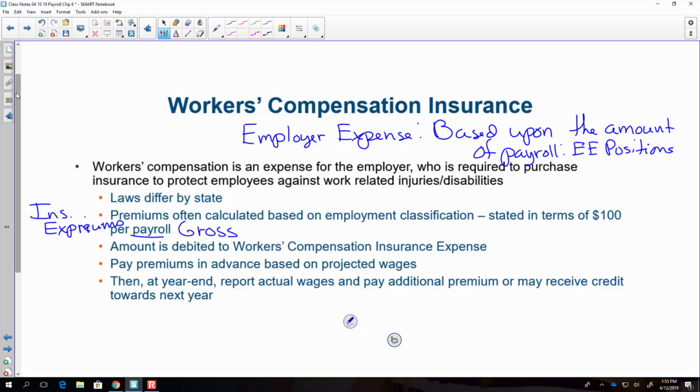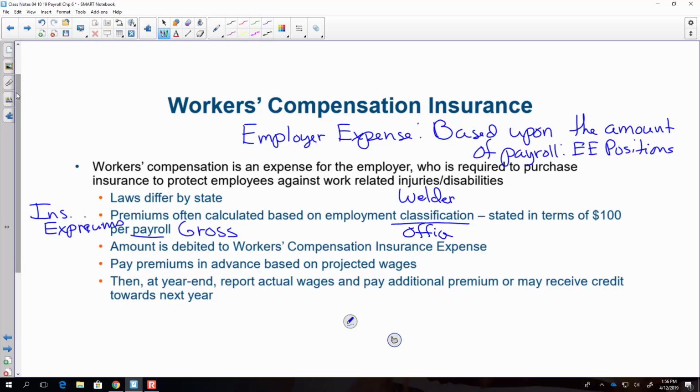So every year, once a year, you'll have the insurance company come in, audit your payroll books, determine how much payroll was for each classification, welders, office, and then from that they'll generate a report to determine what your insurance expense will be for that year. It's done once a year. Now obviously they don't wait till the end of the year.